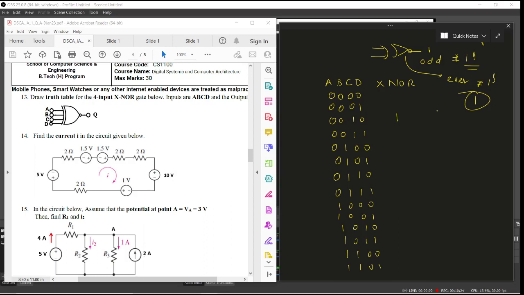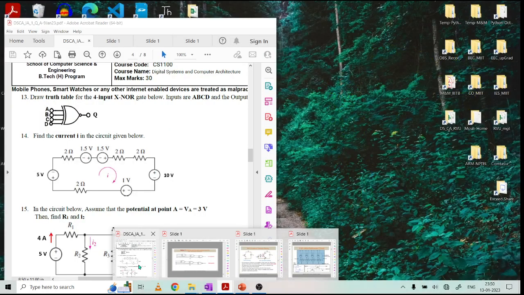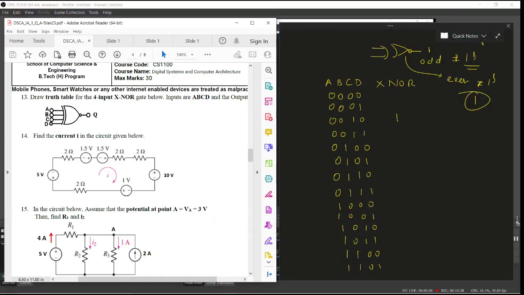Okay, that means 1 0 has an odd number of ones. XNOR is going to set even number of ones to 1. So it will be 0 because this is an odd number of ones.